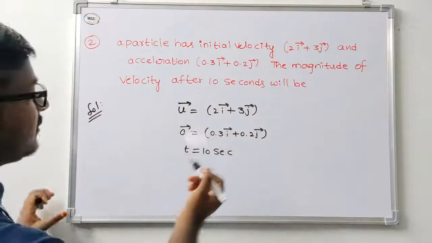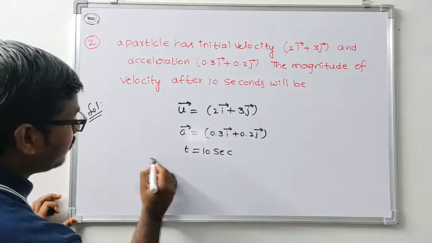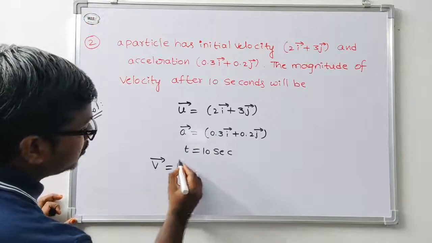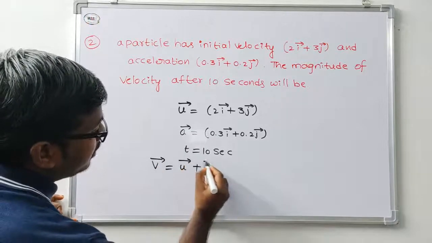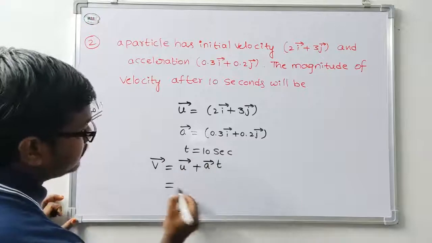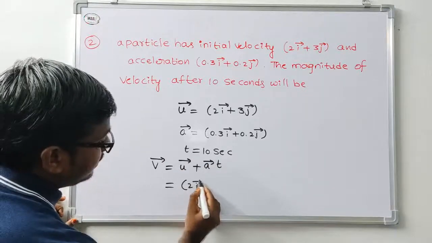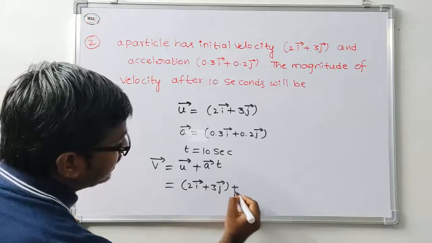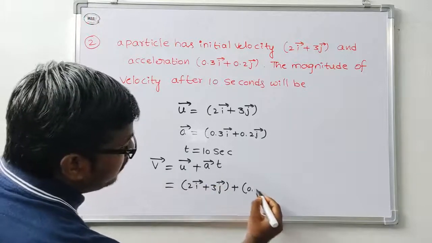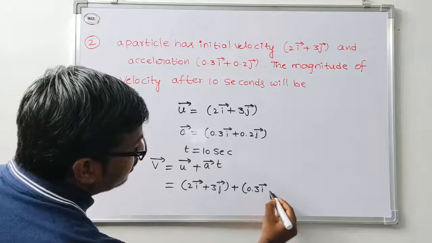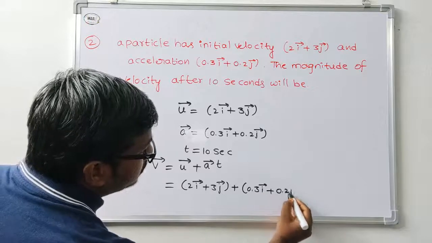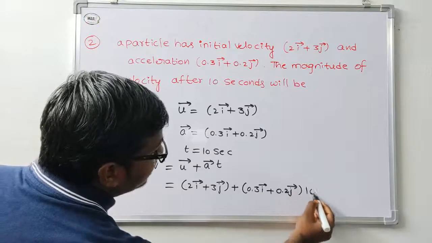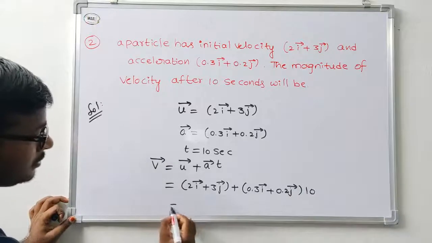According to the first kinematics equation, v = u + at. So v = 2i + 3j + (0.3i + 0.2j) × 10.